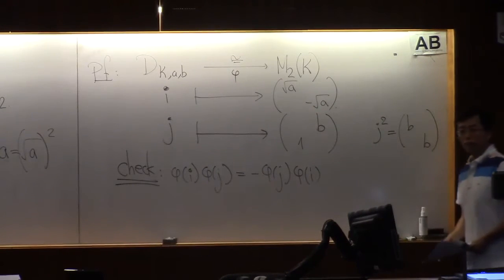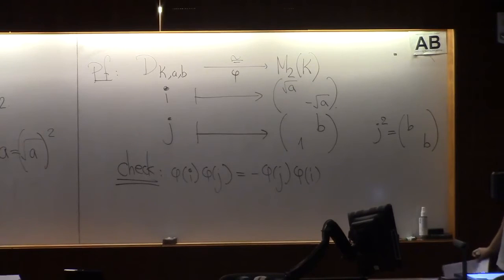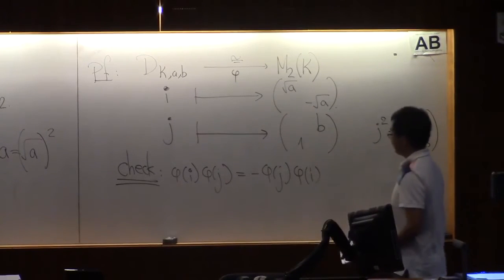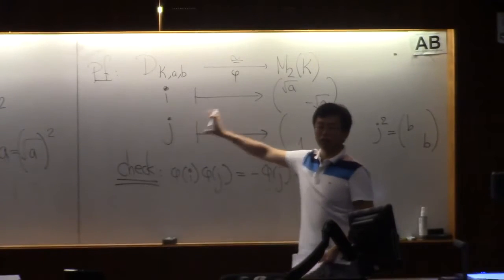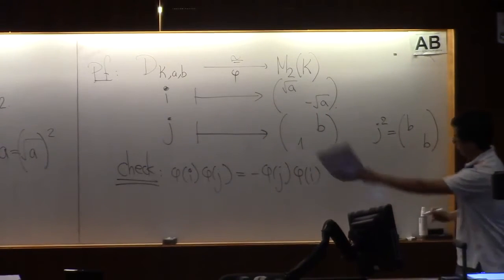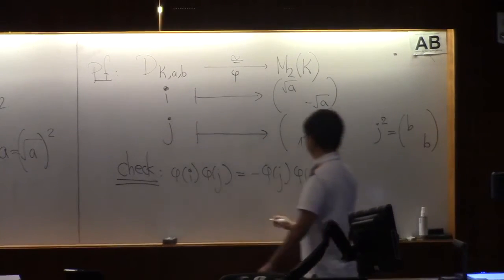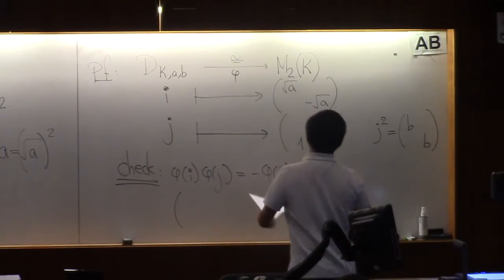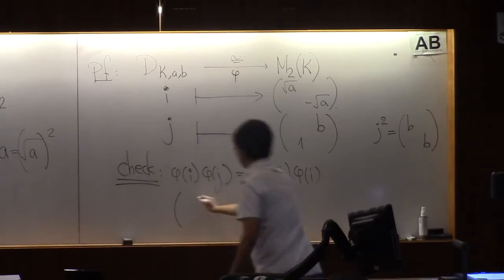Right? Because we're in a non-commutative setup. So whenever you write down a map, you really need to check that the relation on the left-hand side, in the quaternions, is satisfied when you map it over. So we really need to check this. Because this is almost like a scalar, I'll just forget about scalars.